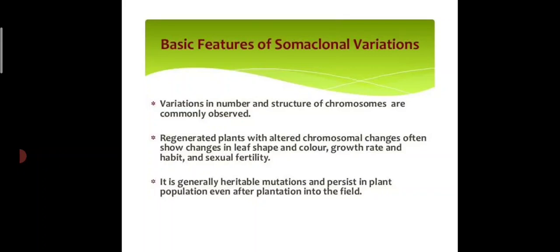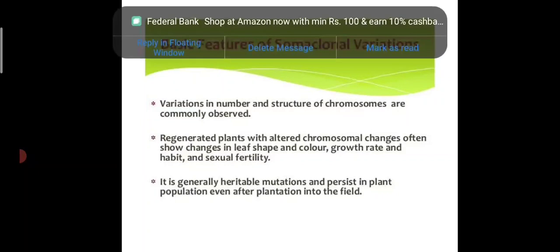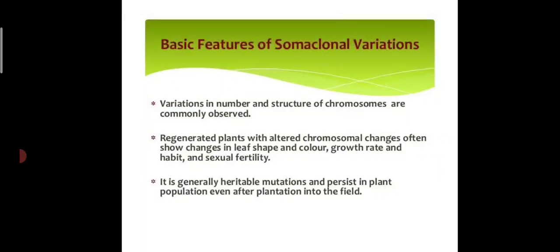Regarding the basic features of somaclonal variations, it may be changes in the structure and number of chromosomes. Chromosomal changes might be there, which will exhibit changes in the shape of the leaf, the color of the leaf, the growth rate, the photosynthetic rate, or any of the physiological conditions will be altered.